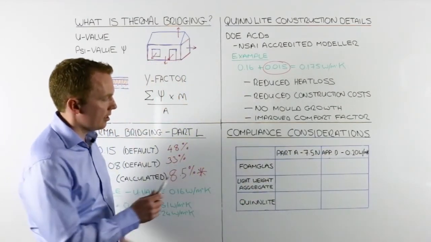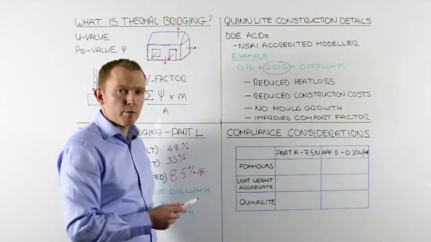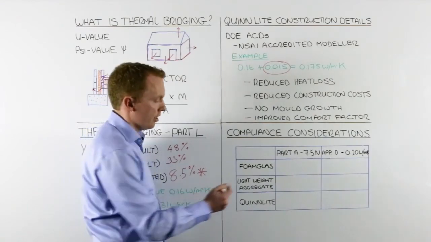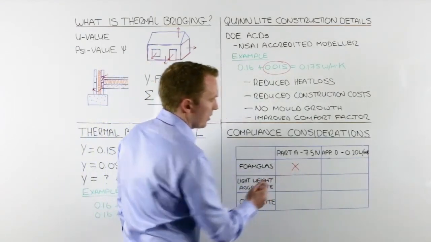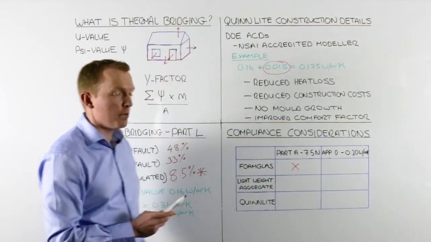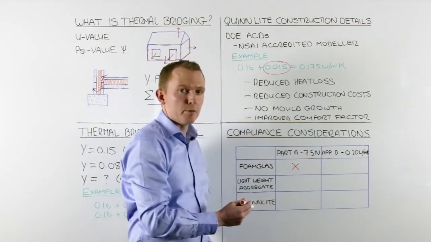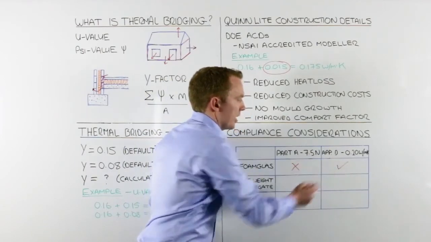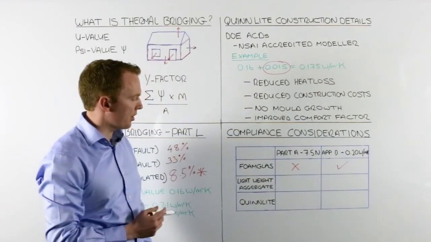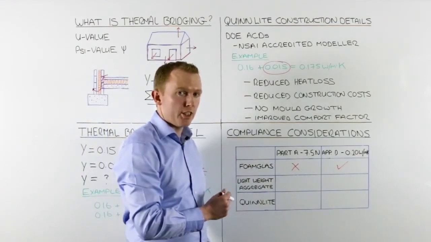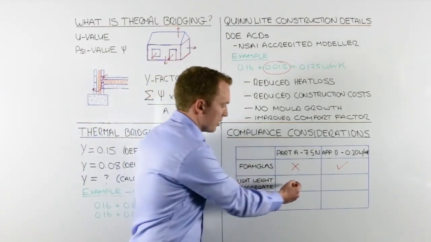So we look then, the maximum compressive strength of a Foamglas block is 3 Newton, so it doesn't comply in here. The thermal conductivity of a Foamglas block is better than 0.2, so we're okay in here. Move on then to lightweight aggregate blocks. 7.5 Newton is achievable with lightweight aggregate blocks.